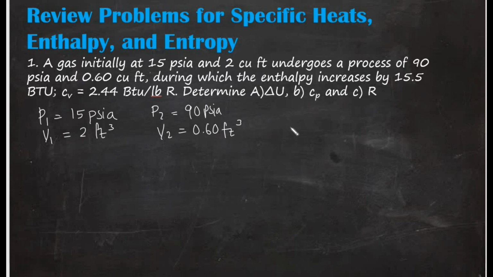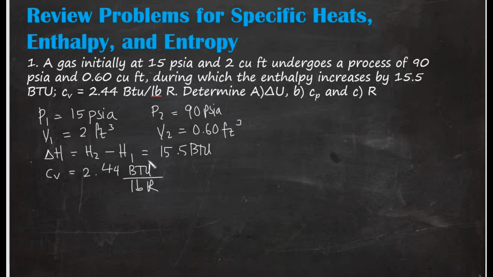During this process the enthalpy increases by 15.5, so delta H, which is H sub 2 minus H sub 1, is positive 15.5 BTU. Now C sub V is 2.44 BTU per pound mass Rankine. Our required are delta U, C sub P, and R.